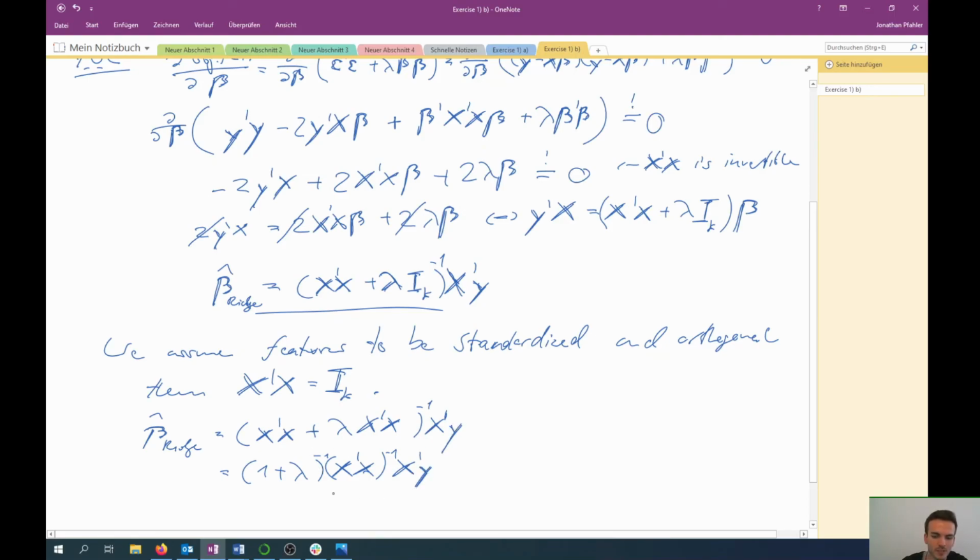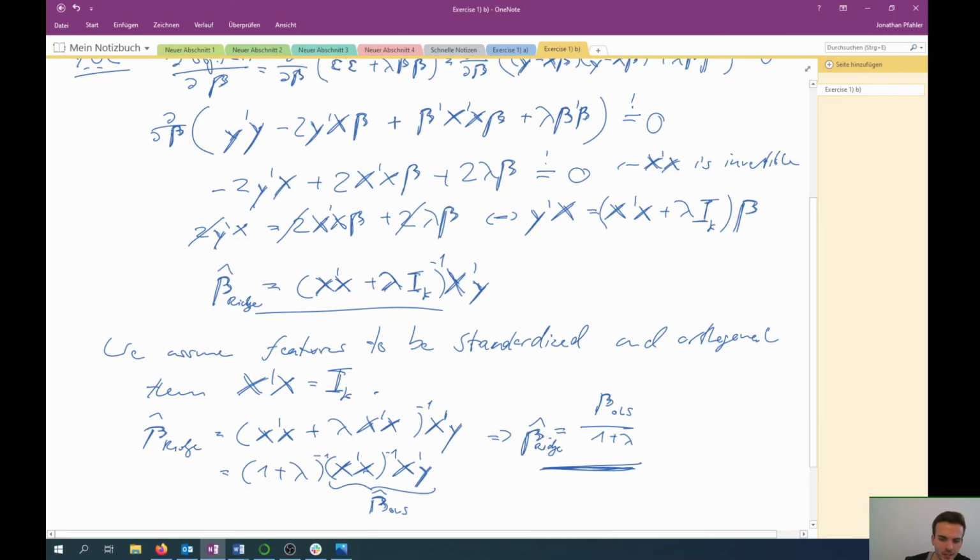Okay, and now we see that this is just our vector of the OLS betas. And this is now a relationship between the OLS betas and the betas from the ridge regression.